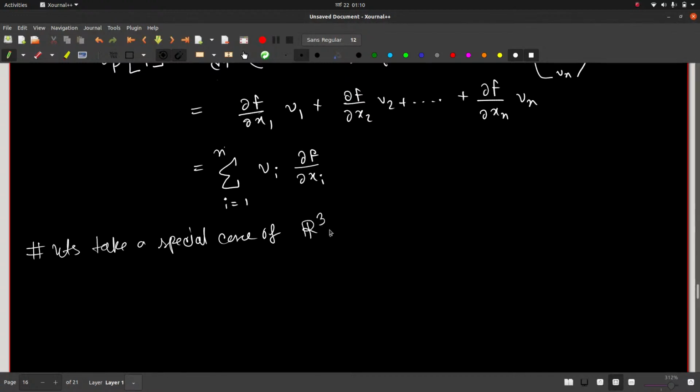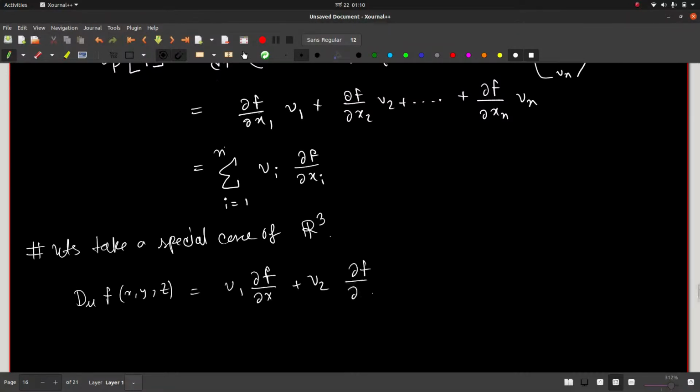So when it's R3, you will write it as x, y, z, and finally you will have v1 partial of f with respect to x, v2 partial of f with respect to y, v3 partial of f with respect to z. Now this was defined as the tangent vector at that point P, and it is acting on the function.